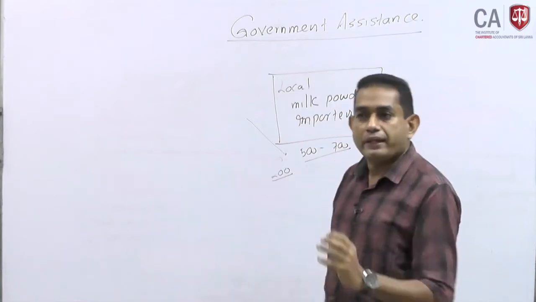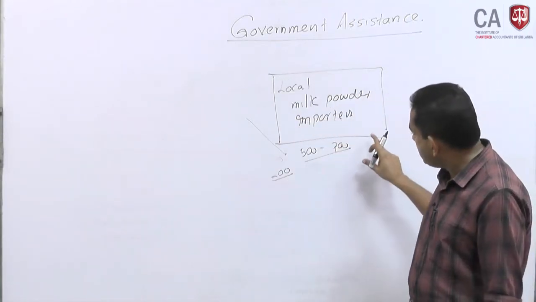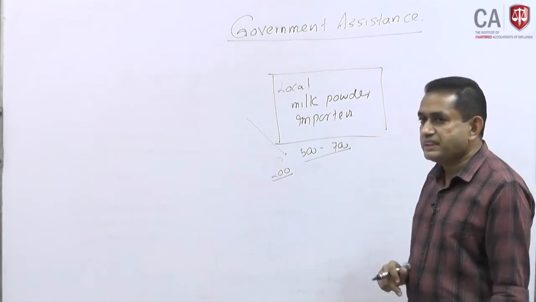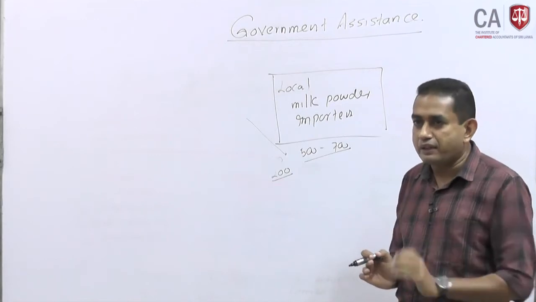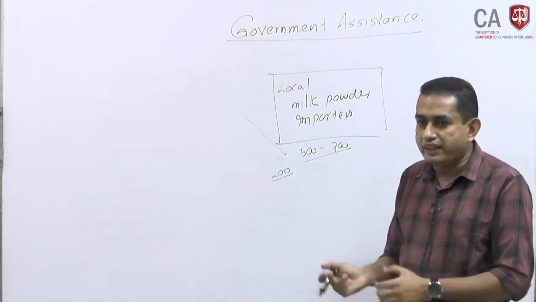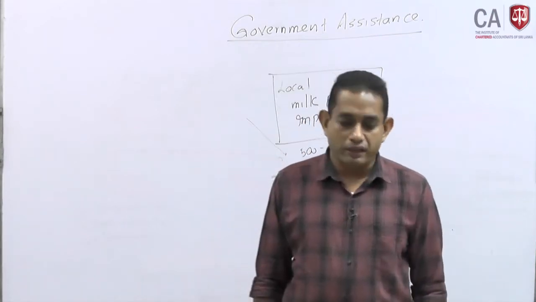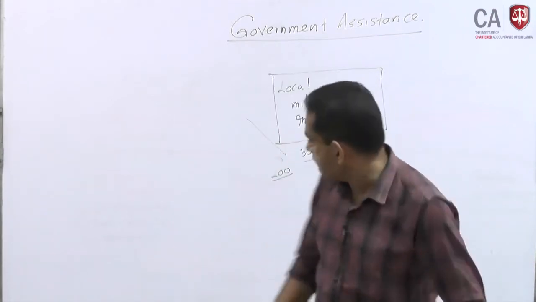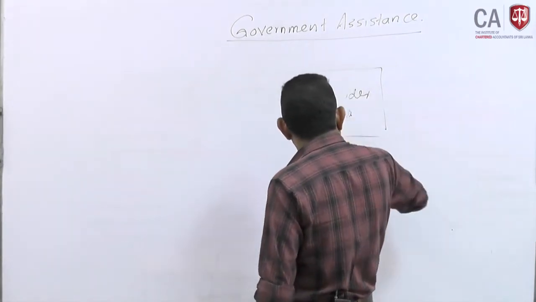So what makes this not a government assistance? Because the final benefit goes not to a specific entity or to a specific range of entities. The final benefit goes to the general public by and large. And let me take another similar example.